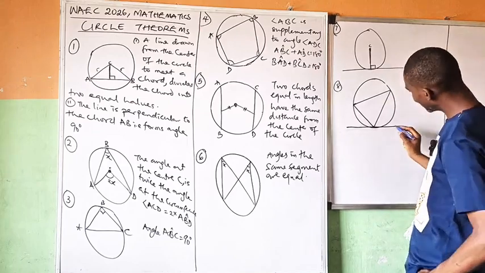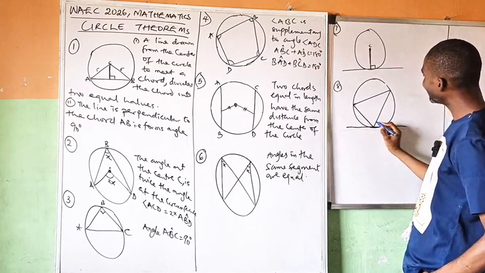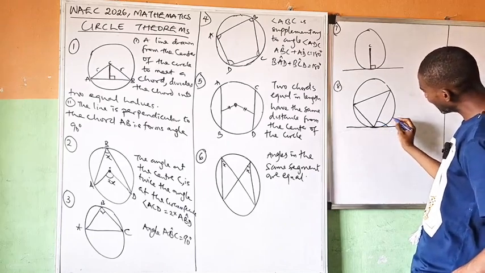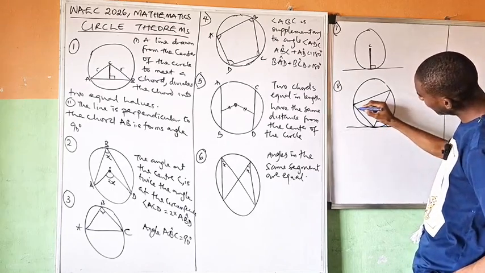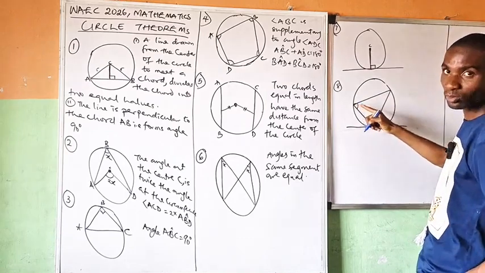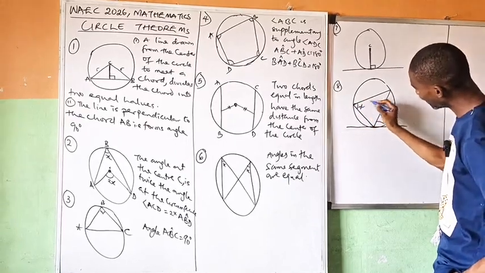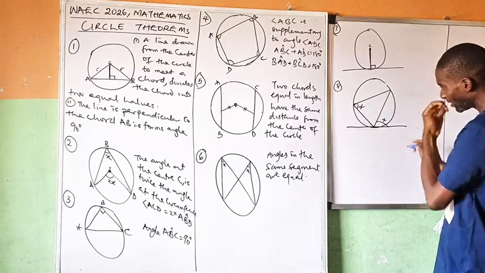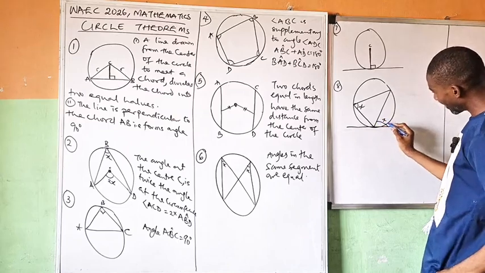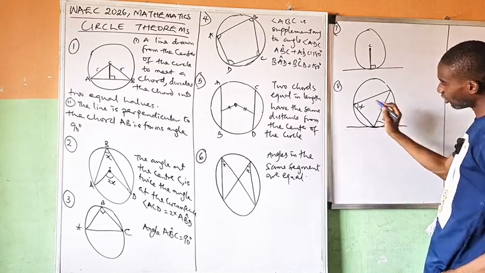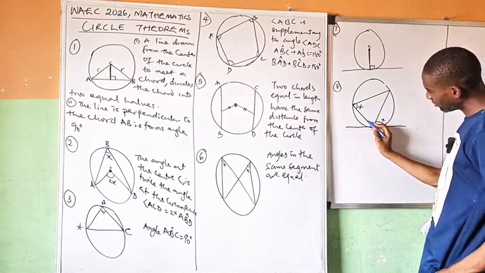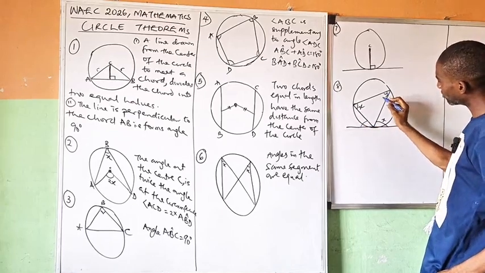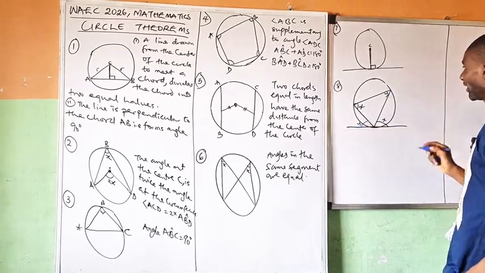So the rule says the angle between this chord and this tangent is equivalent to the angle at this point. They are alternating, the alternating segment. The angle between this chord and this tangent that it makes is equal to this. And then the same thing here, the angle from this chord that it makes to this tangent is equivalent to here. So this is y.